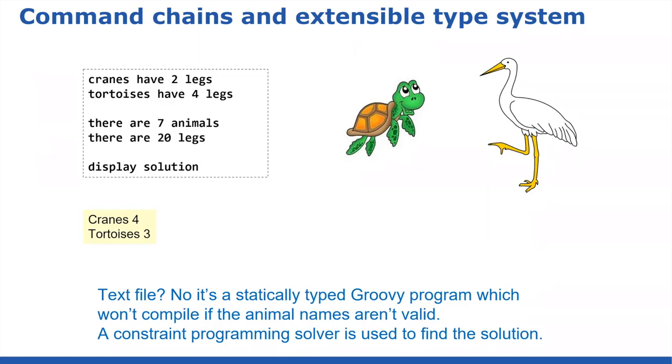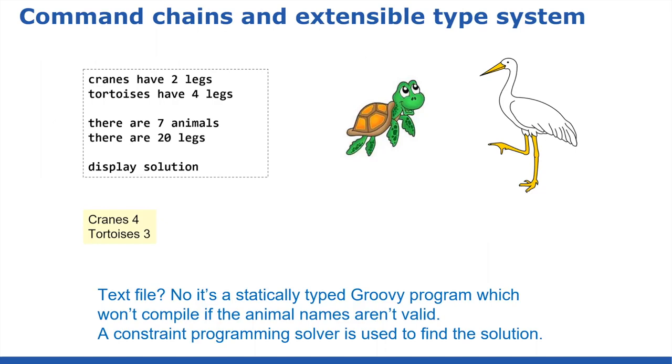In fact, this Groovy program won't compile if the animals that you list in it aren't found in an online database of animals. If I put in cranes and tortoises, it finds both of those. If I put in dragons and unicorns, the program might fail. It might find dragons because there are water dragons and things like that in the database, but unicorns unfortunately may not be in the database that I'm using for this particular program, and so the program won't even compile.